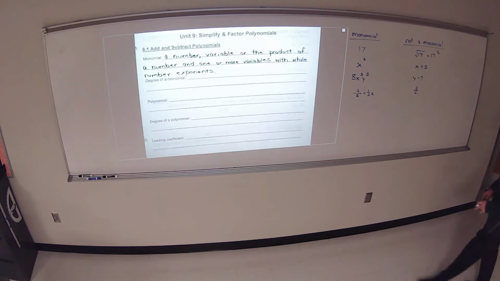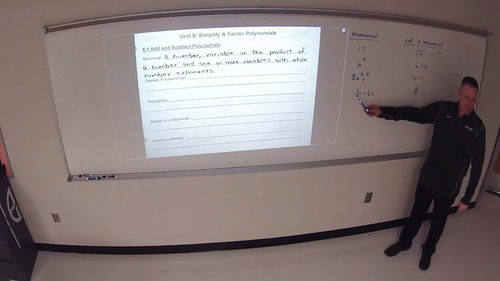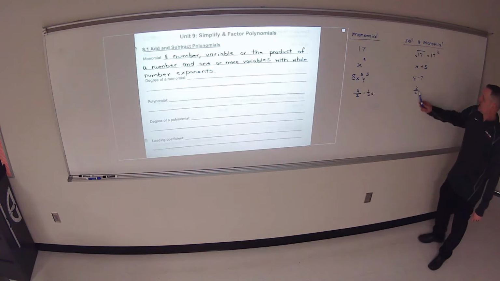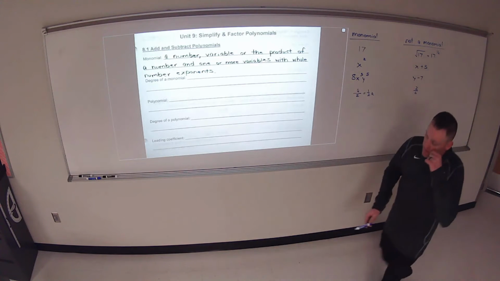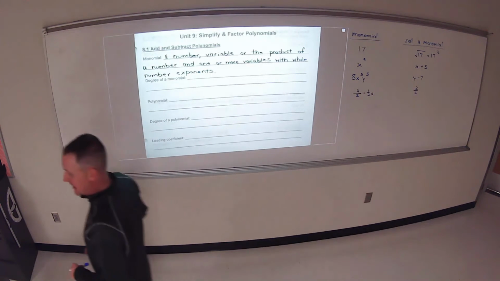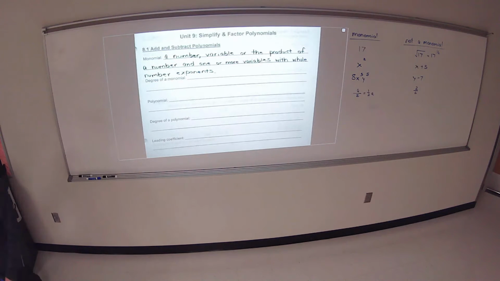So when I look at a over 2, this is just the product of a number and a variable. That's it. Okay? This one is not because I can't rewrite this as a fraction. The variable on the bottom of this one is what's causing this to not be a monomial. The variable on the top, we're okay with that. But with the variable on the bottom of it, it is not. Okay, so again, those are just some examples of things that are and are not monomials.